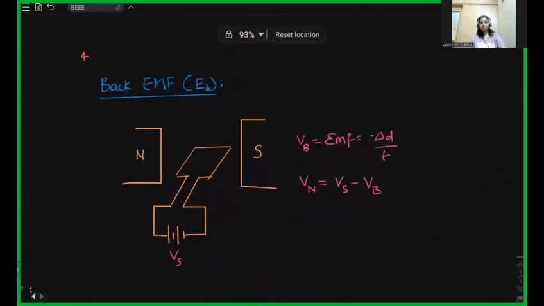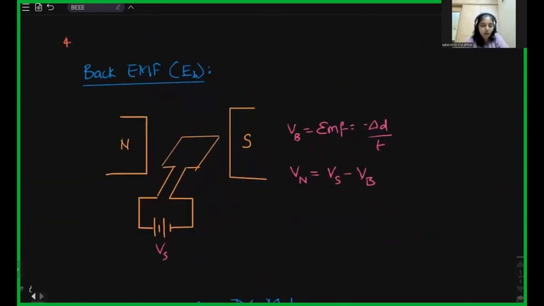Back EMF: whenever a coil is placed between two poles and a supply Vs is given to it, there's a forward EMF of Vs through the coil, which results in the rotation of the coil. Depending on the RPM of the coil, there's a voltage which comes backwards from the coil.